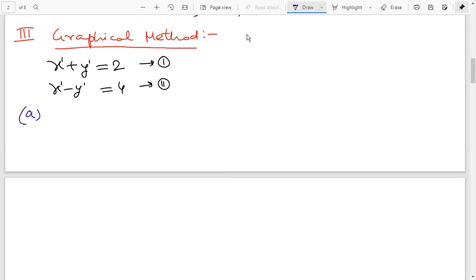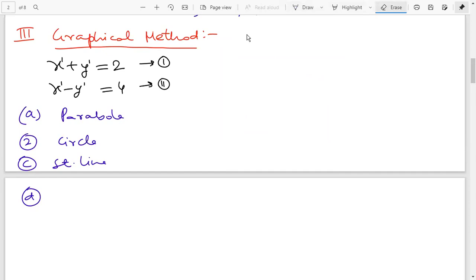So the graph of a linear polynomial, or we can say the graph of a linear equation, will be: A, parabola; B, circle; C, straight line; and D, hyperbola.